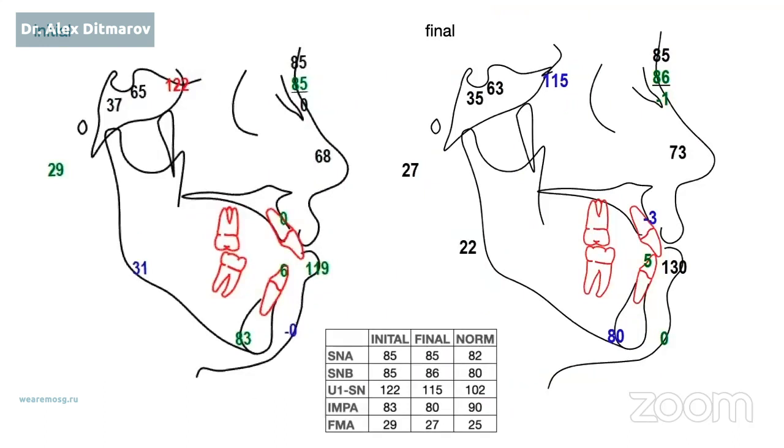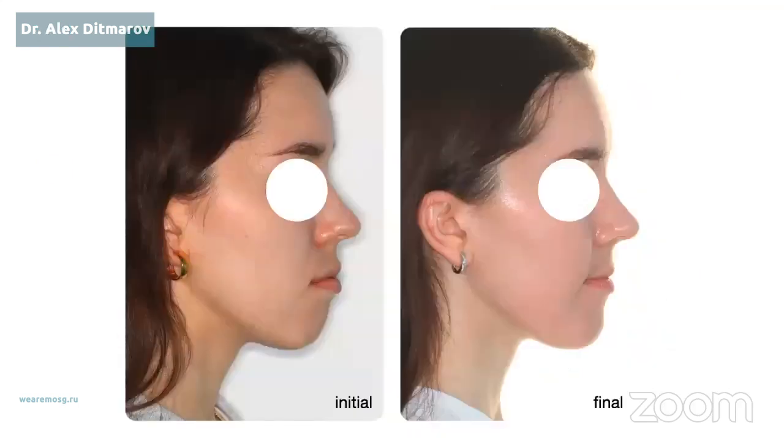So we slightly rotated counterclockwise her mandible, and also her point B, according to my measurements, also moved about 1 degree forward. Again, these are very slight changes, but I can see them from the profile look. Do you agree?